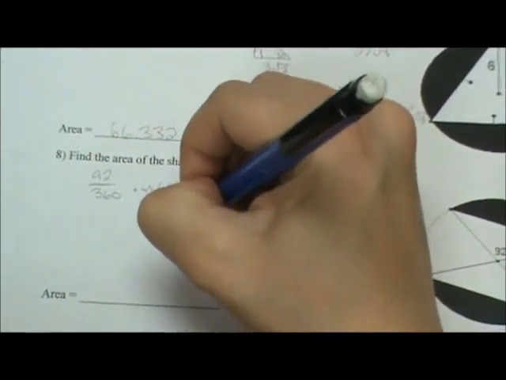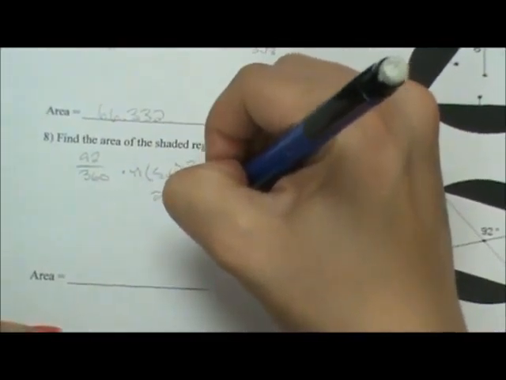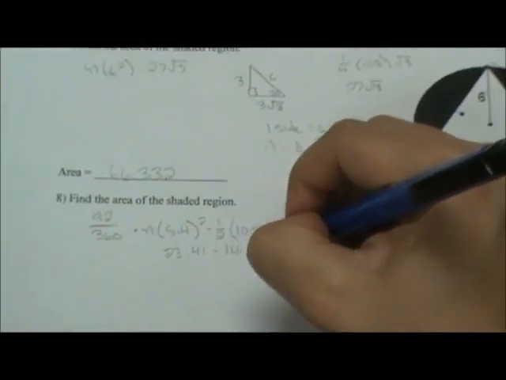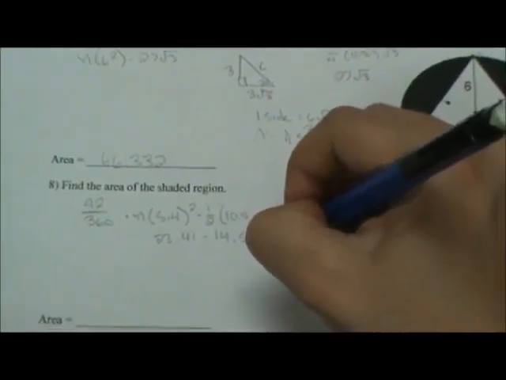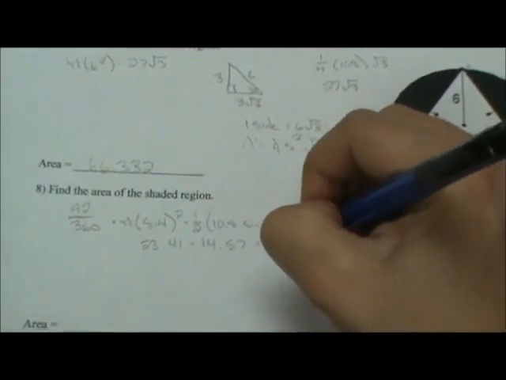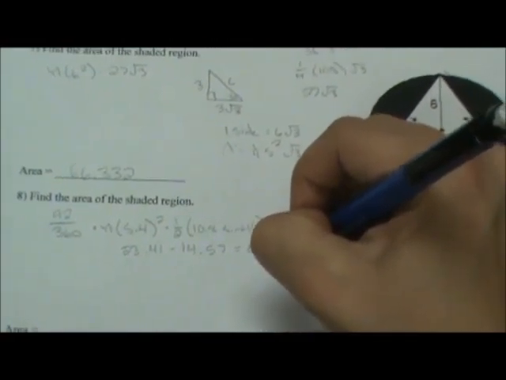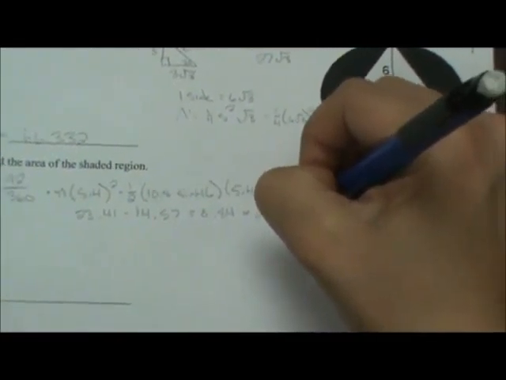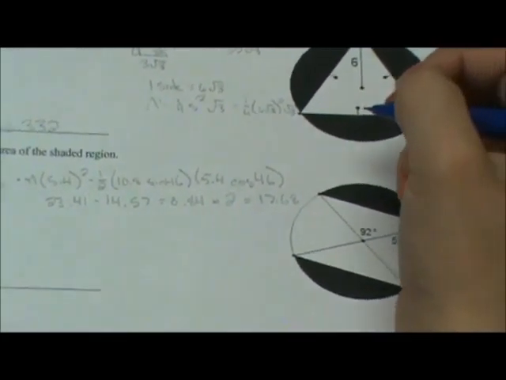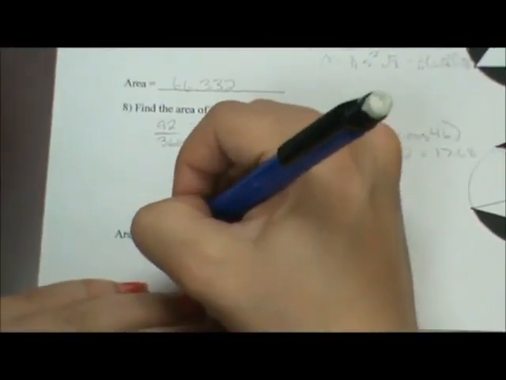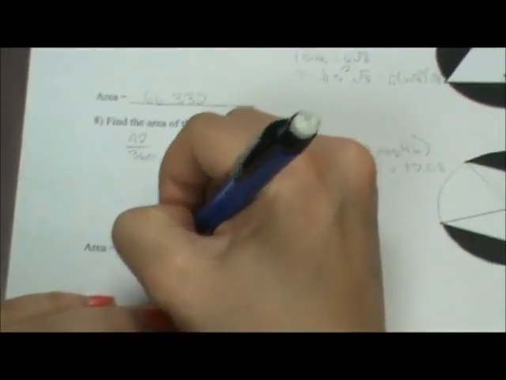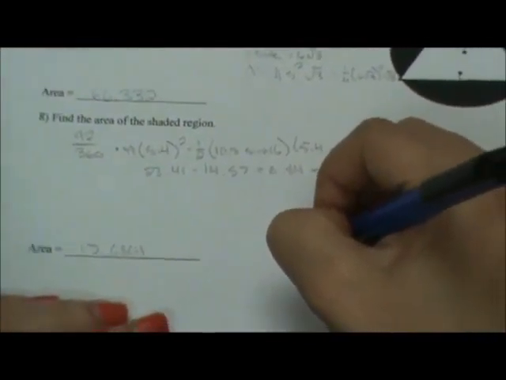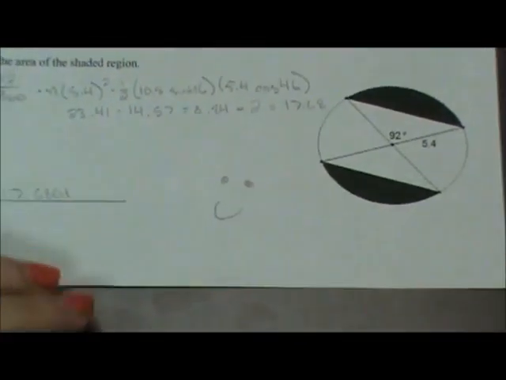And then the perimeter, or not the perimeter, half the, I'm not really sure. Anyways, it's going to be 92 over 360 pi 5.4 squared minus half of 10.8 sine 46.